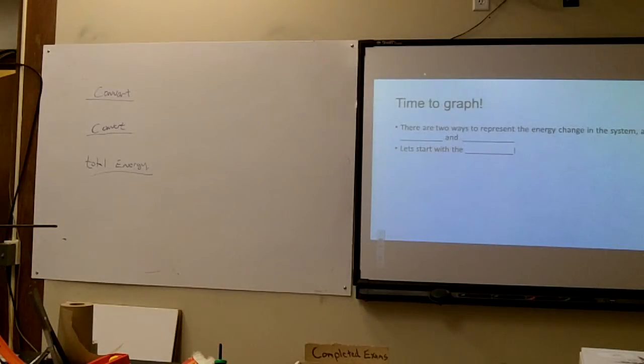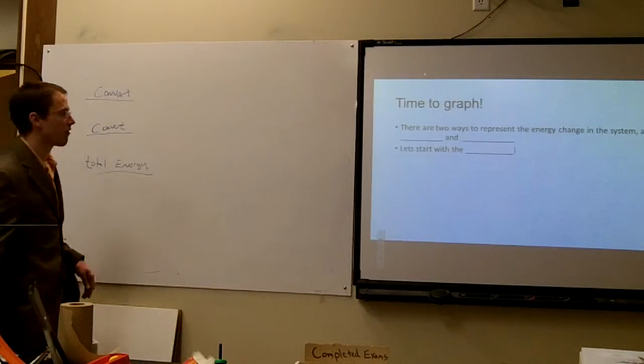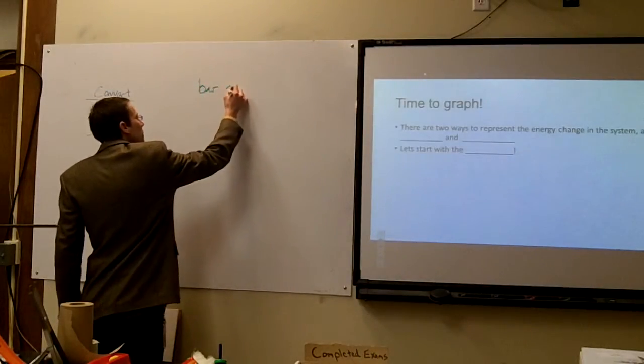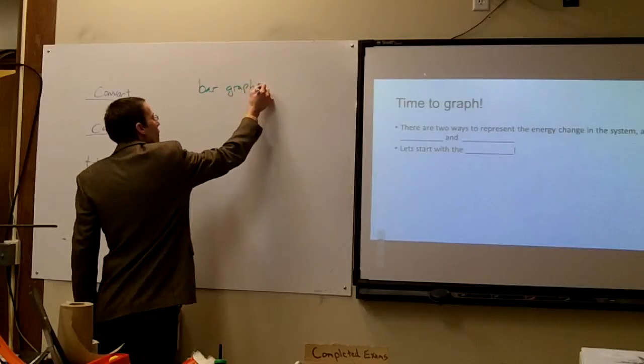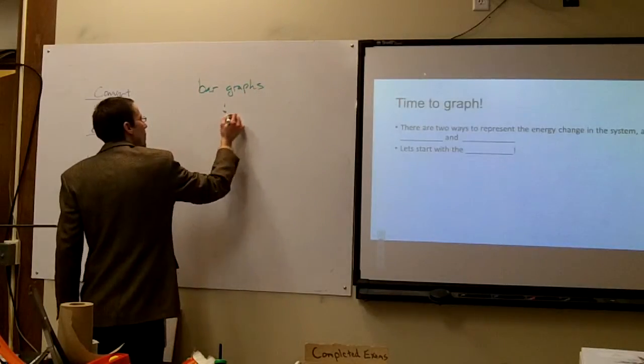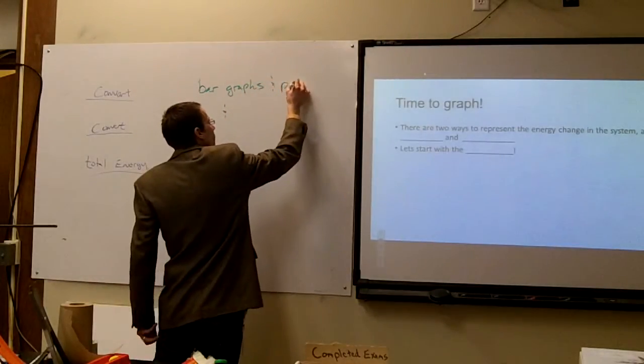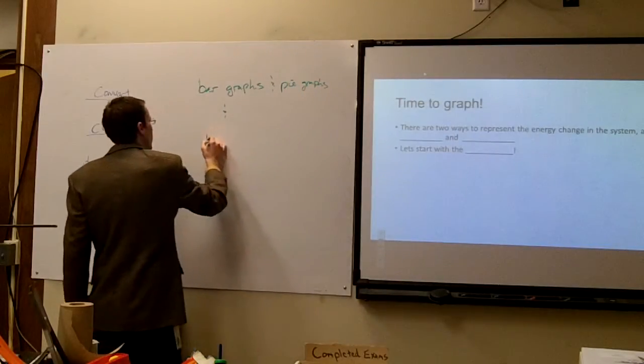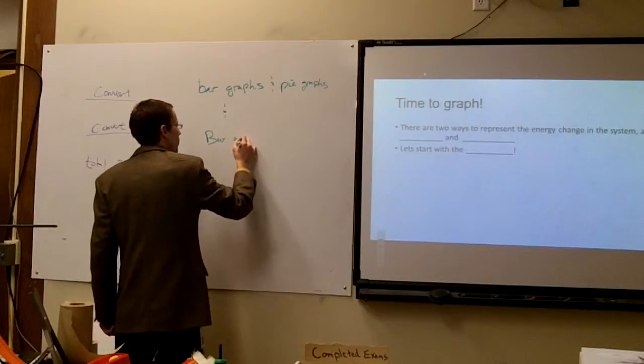All right, so there are two ways to represent the energy change in a system: bar graphs and pie graphs. We're going to start with the bar graphs and work our way through these.